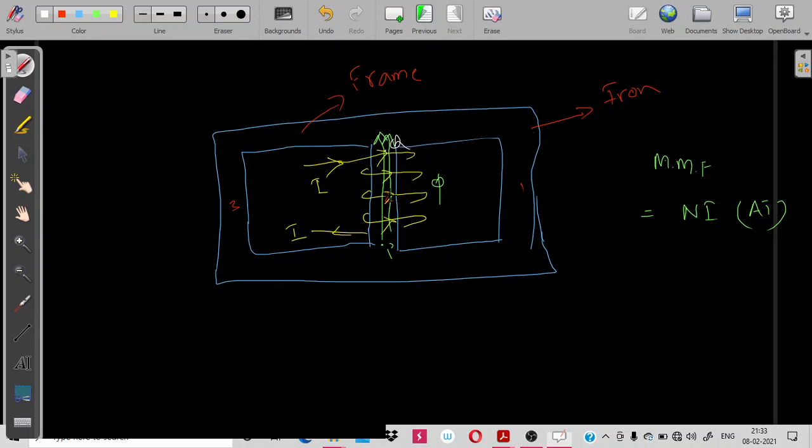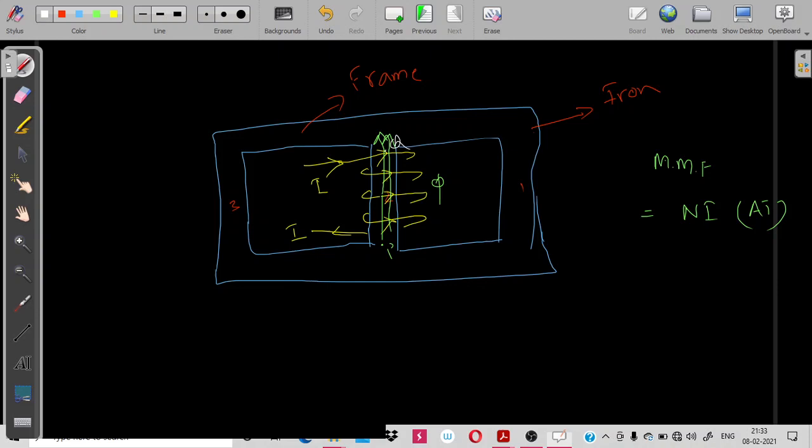The flux phi is flowing inside this coil, so an opposition is also offered by this limb 2, because the flux phi is initially going upward, and it will experience some opposition in this limb also.